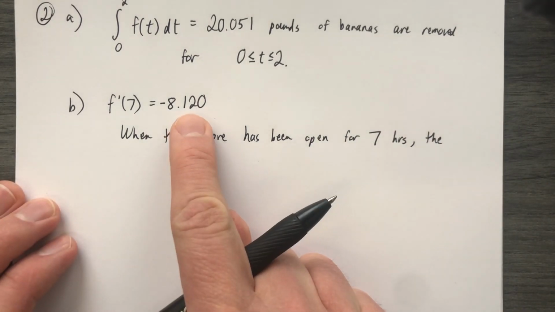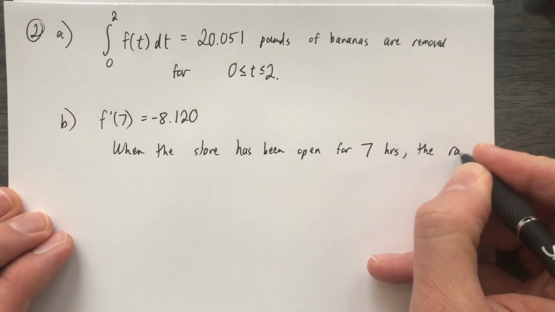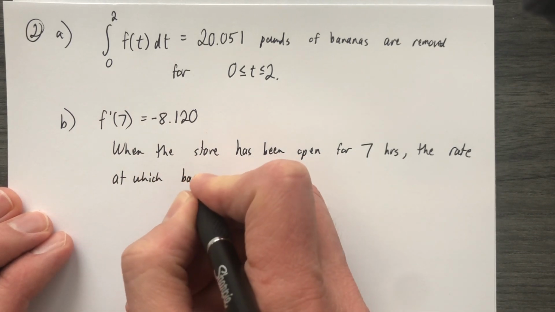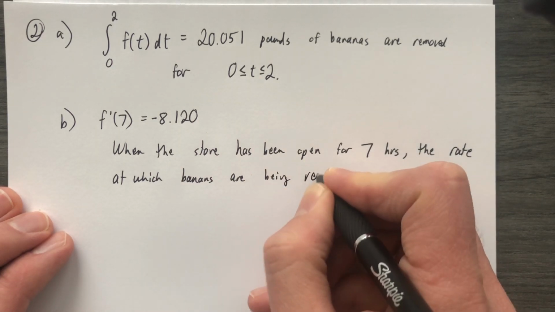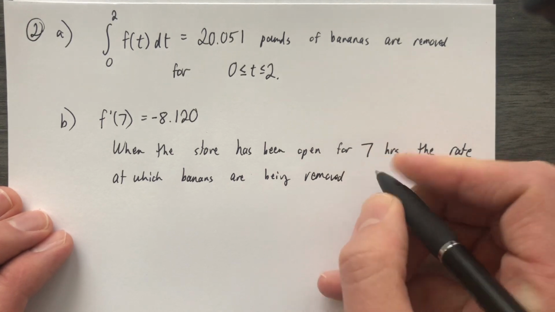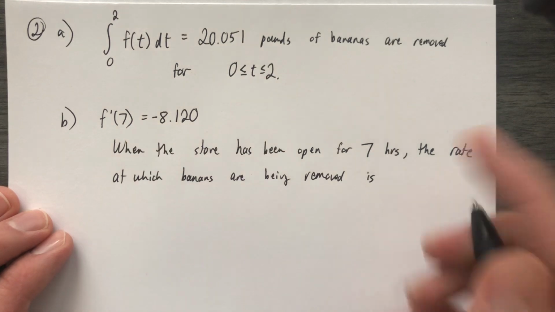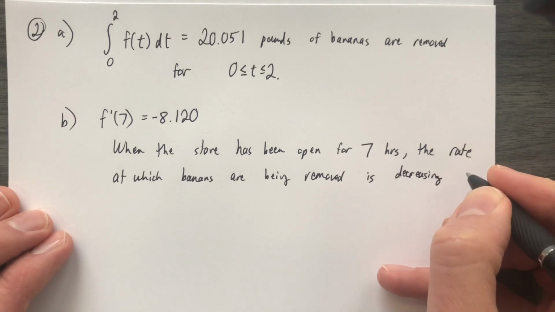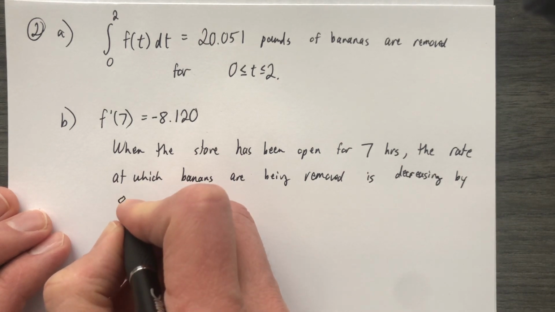Okay, this is the rate of change of the rate of change, right? Because this is the derivative of a rate. So I'm going to be really careful with the way I word this. The rate at which bananas are being removed is, okay, decreasing because it's negative, decreasing by 8.120.